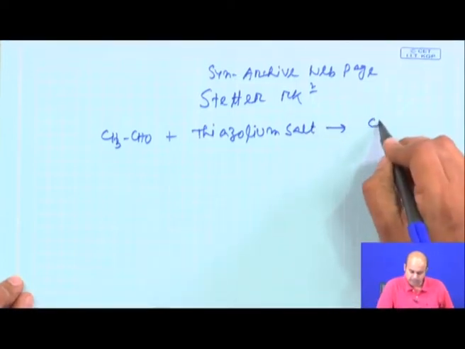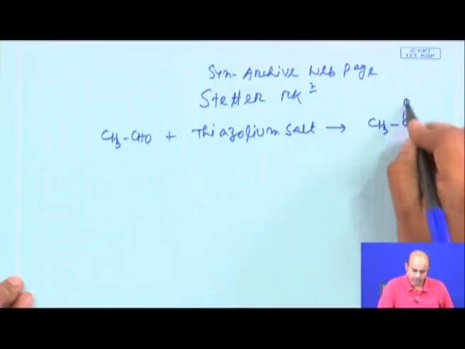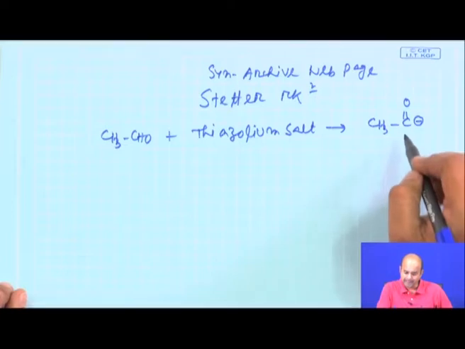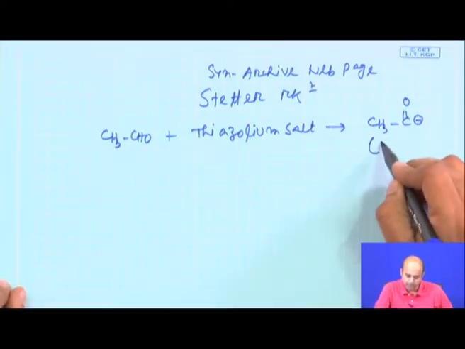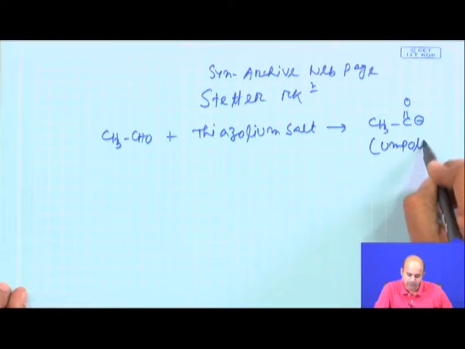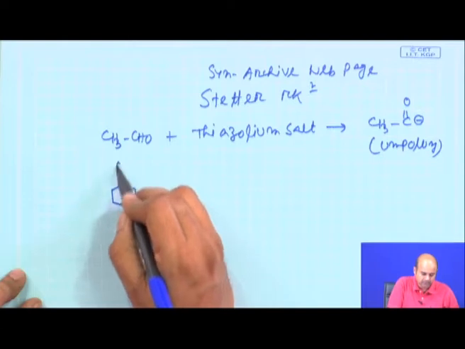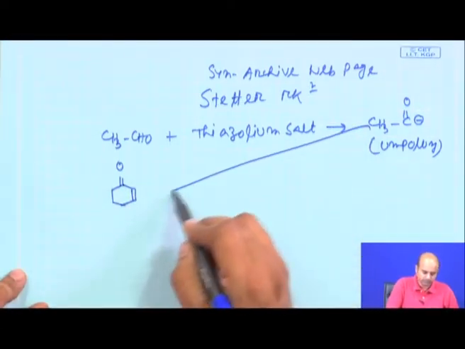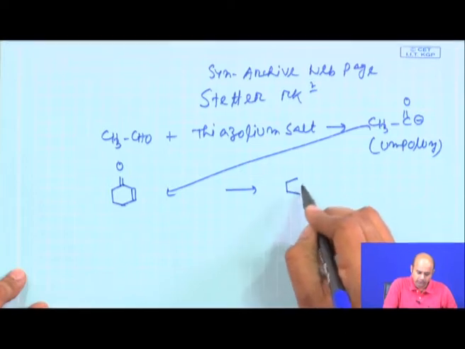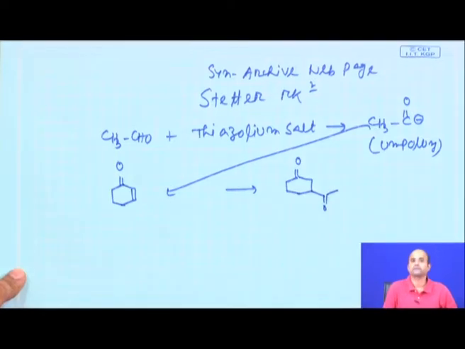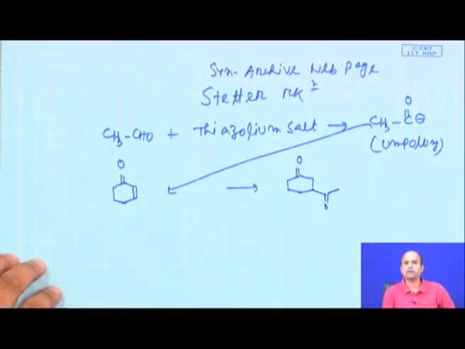You will basically generate a species CH3CO minus, and this is the active species or the umpolung species, which will now react with the Michael acceptor which was given to you. So, the solution was very nicely handled by a named reaction called Stetter reaction. Now, eventually all this kind of 1,4-dicarbonyl compounds you can synthesize by using Stetter reaction.